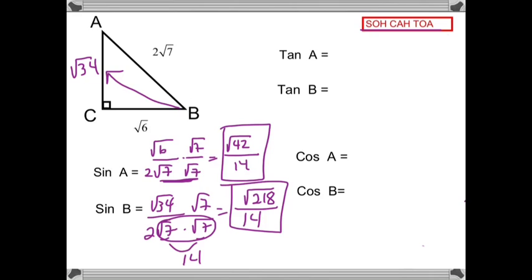Now if I find the tangent ratio, the tangent is the opposite over the adjacent. So the tan of A is the opposite, which is the square root of 6, over the adjacent, which is the square root of 34. I'm going to do that trick again.